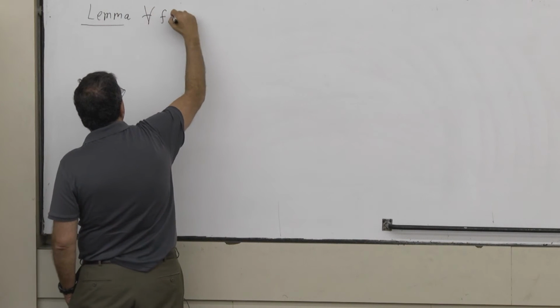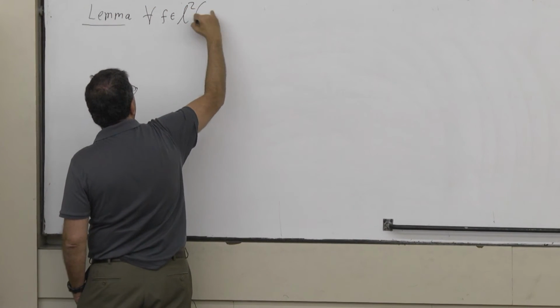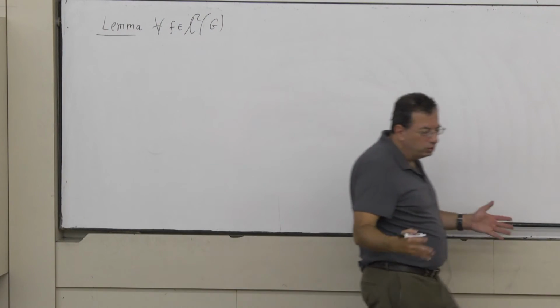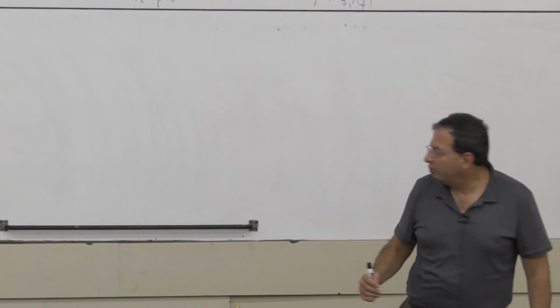So take any function f which is in the space L2 of G. G is finite or infinite, and L2 of G is just functions from G to the reals that are square summable. If G is finite, it's just all functions from G to the reals.